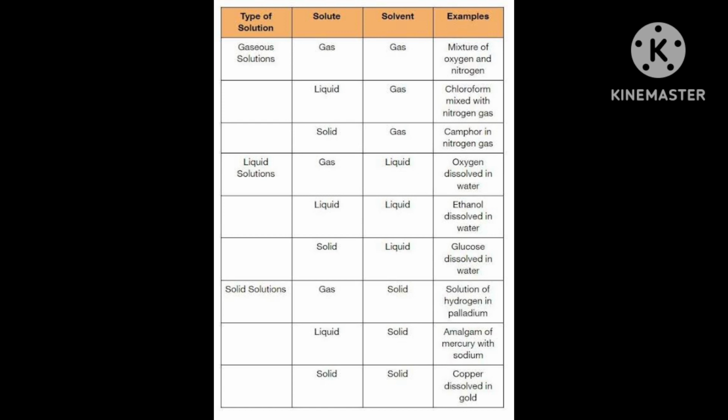If you know that in 100 ml 5 gram is there, then you can convert it: 1000 ml is equal to 1 liter, so 10 times more means 50 gram per liter. You can calculate very easily. That is called concentration. If solute quantity is more, it is called concentrated. If solute quantity is very, very less, it is called a dilute solution.